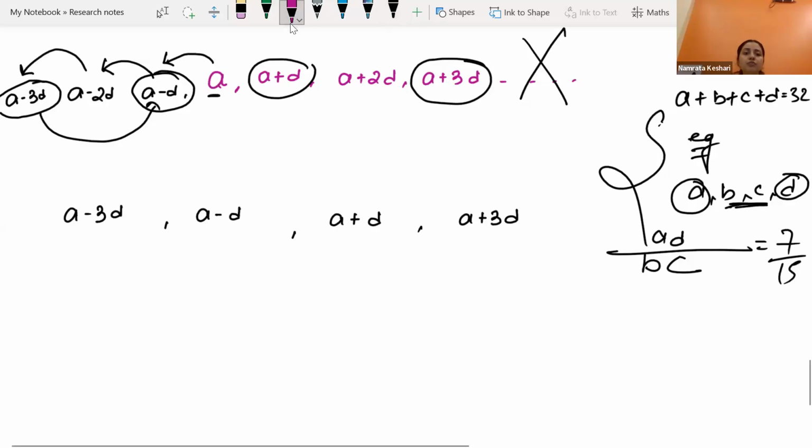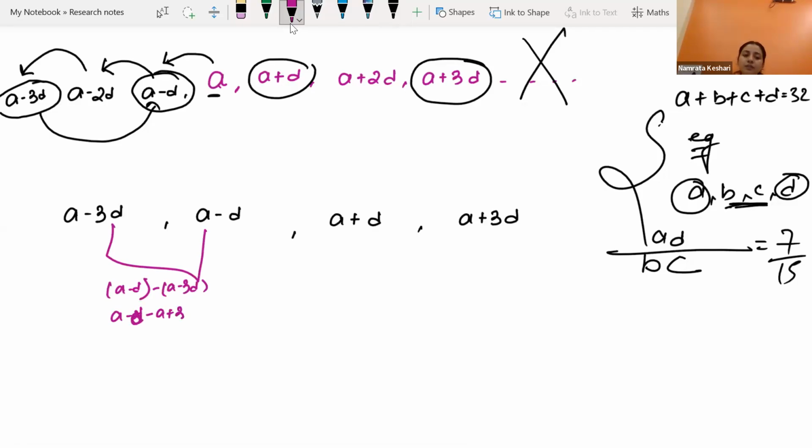It's in AP. If you find the difference between the second term minus the first term, you will get a minus d minus a plus 3d.